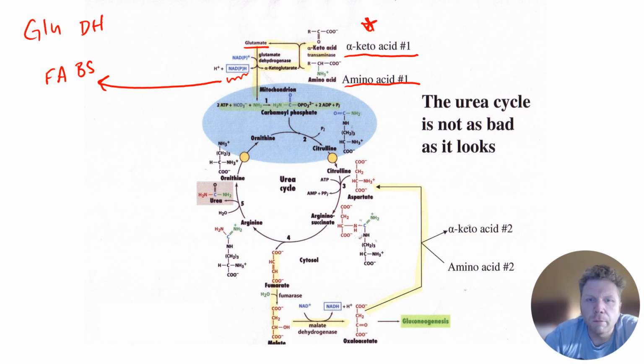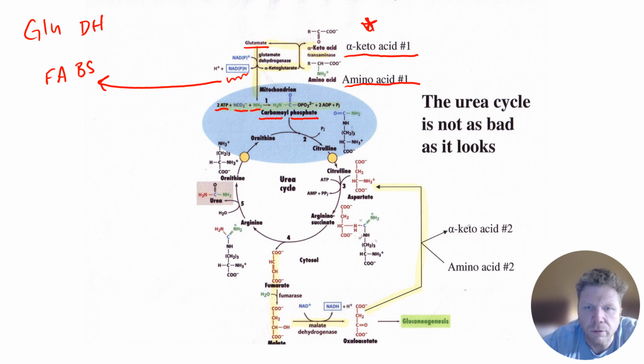The most important part, however, is that NH3, or our, I can't zoom in. That NH3 or NH4, that ammonium or ammonia, we're going to get that into the mitochondria. And when we get that into the mitochondria, we're going to use an enzyme known as carbamoyl phosphate synthetase. What carbamoyl phosphate is going to do is take two ATP molecules, HCO3 and NH3.